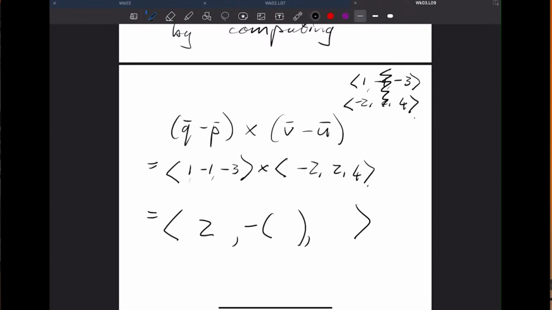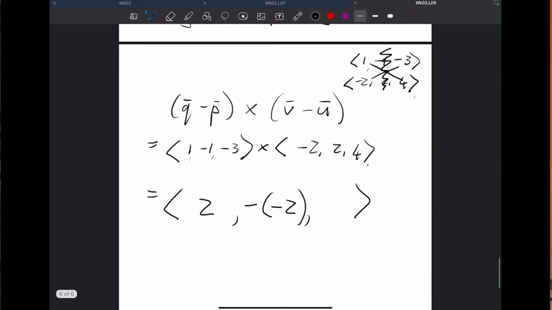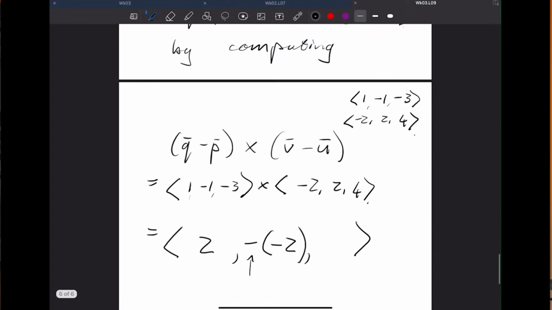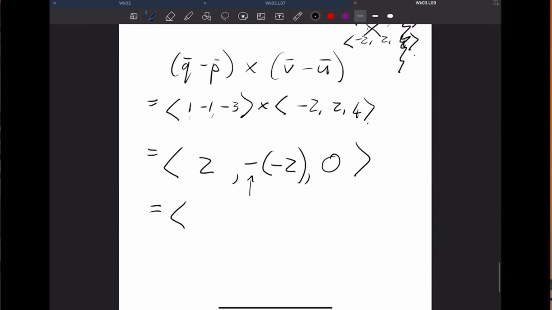The second component is going to be 4 minus 6, so that is going to be -2, and don't forget your minus in the middle component. Then our final component, cover up the final component, that is going to be 2 minus 2, so that is going to be 0. So our cross product is (2, 2, 0).